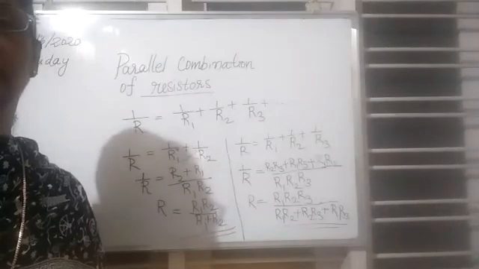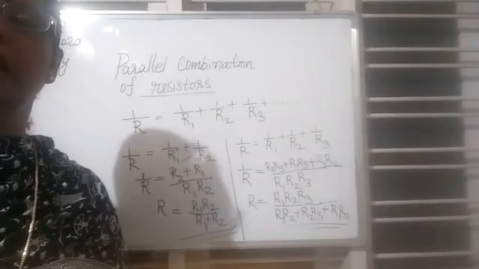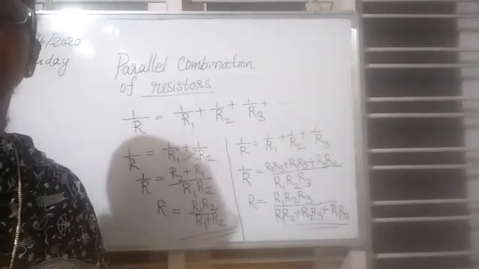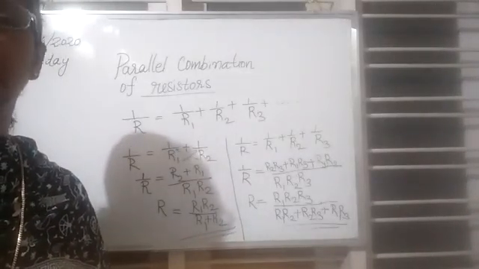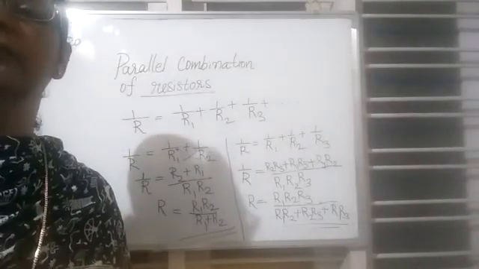So I varies, V is constant. In series combination, I is constant, V varies, but in parallel combination, V is constant and I varies. That is the main point you have to note down.